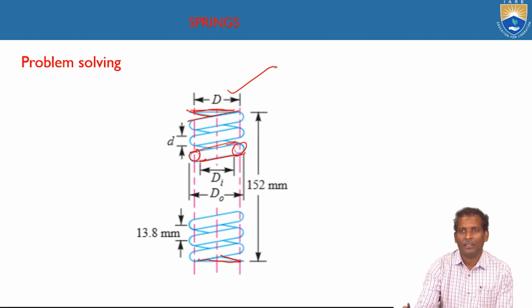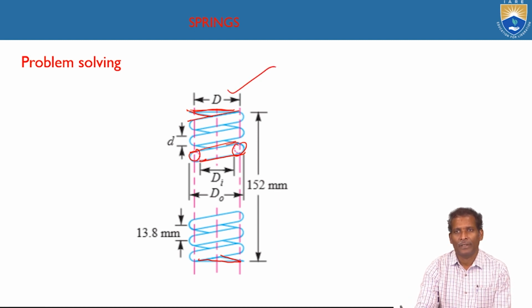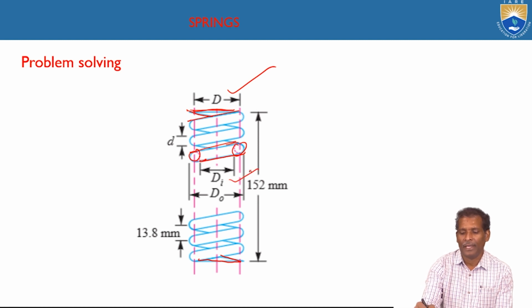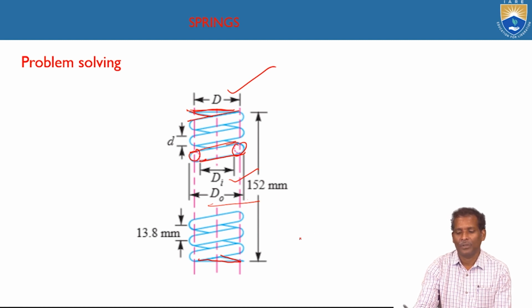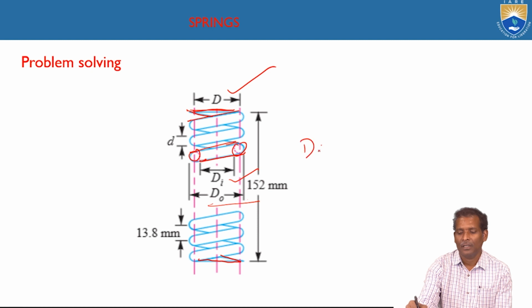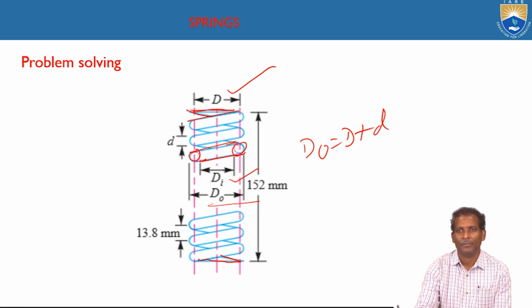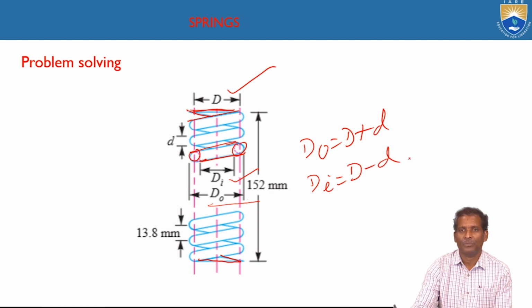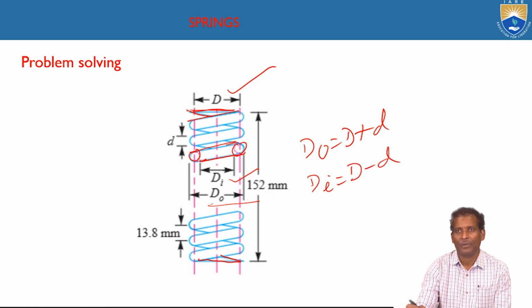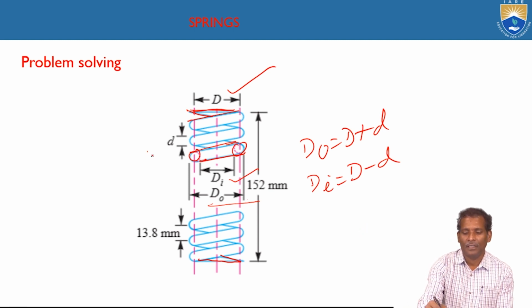So capital D is mean coil diameter, inner diameter Di, D naught is outer diameter of the coil. So you calculate the outer diameter: D naught is equal to capital D plus small d, mean coil diameter plus wire diameter. Similarly, the inner diameter is capital D minus small d, already we have calculated. And d is the wire diameter.